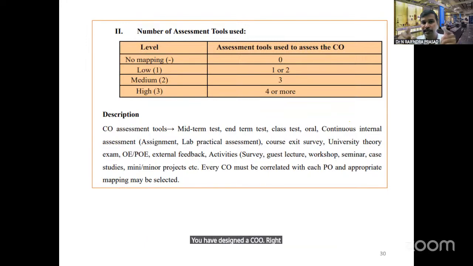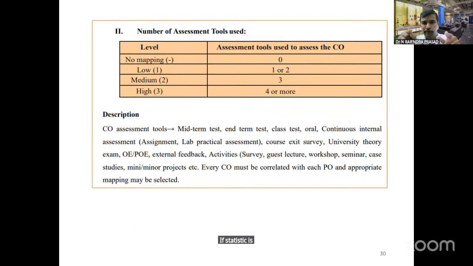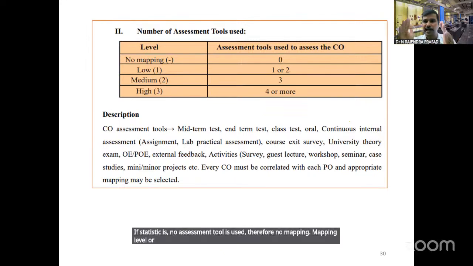You are not asking any question or conducting any assessment strategy for the student related to that particular content. If such is the case, no assessment tool is used, therefore no mapping. Mapping level or mapping strength stands at 0.